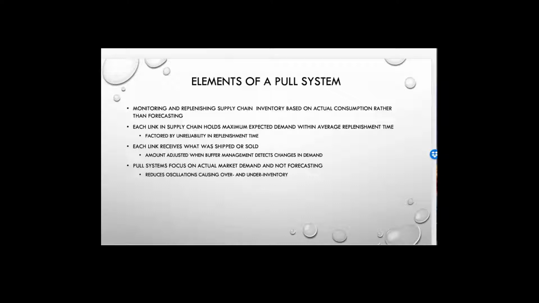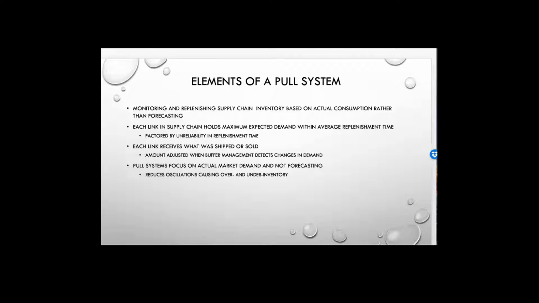So if our replenishment time is 2 weeks, and 2 units per day flow through there, we would make sure we'd have 2 times 14, so 28 units worth of stock in that location so that we can maintain a constant flow of goods through the system.